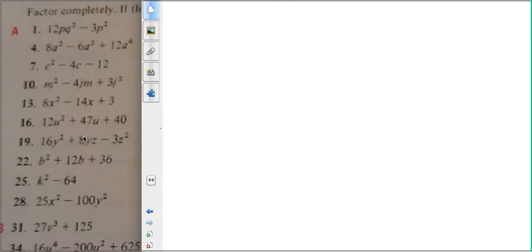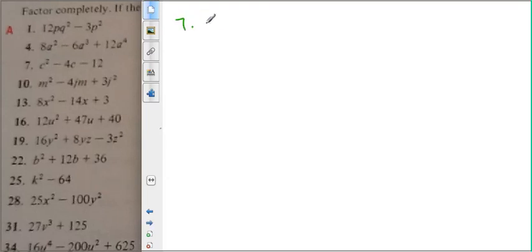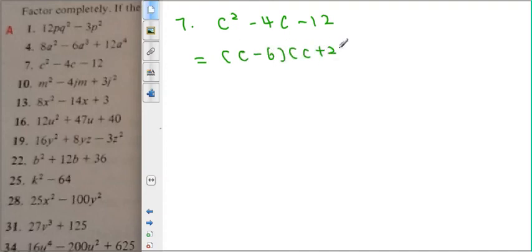Number 7. c squared minus 4c minus 12. Now, which two numbers multiply to negative 12 but add up to negative 4? Yes, c minus 6 and then c plus 2. That's it. That's all we need.